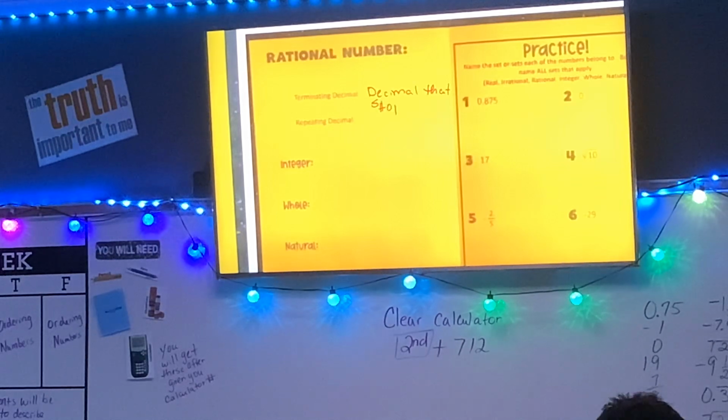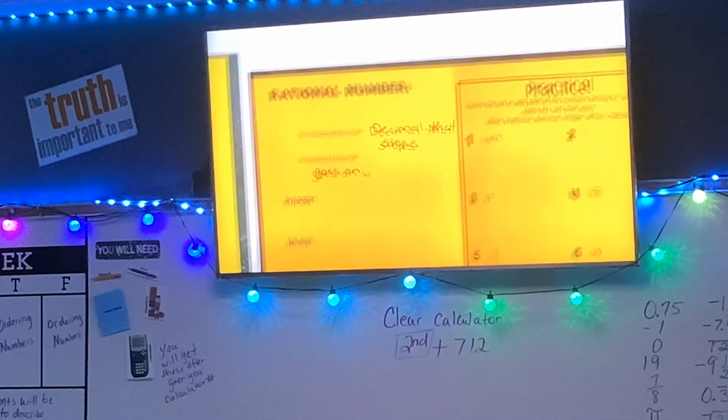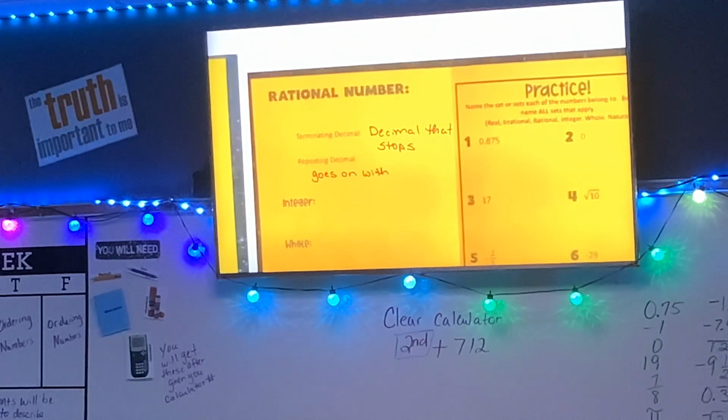It does not keep going. A repeating decimal is a decimal that goes on with the same numbers. Now you do not have to write that because that is already written on that side. Does everybody see that? Okay.